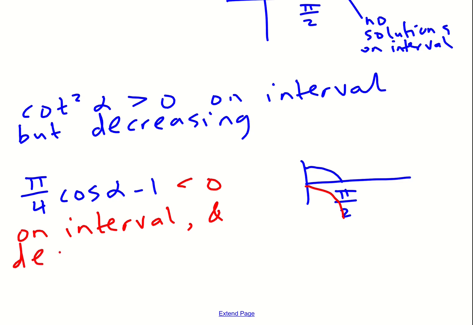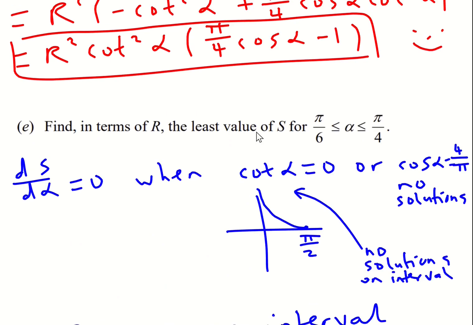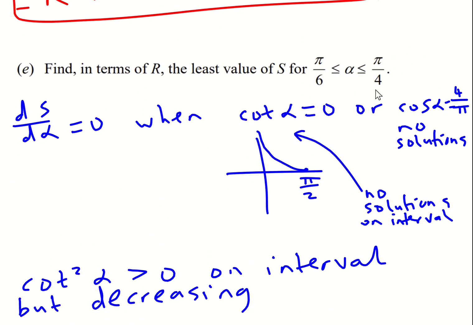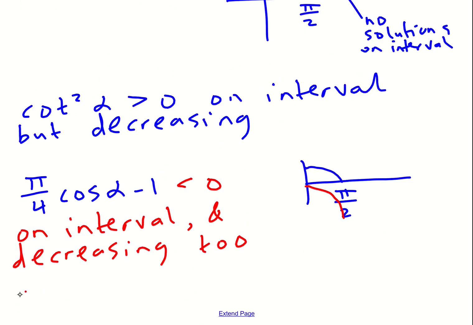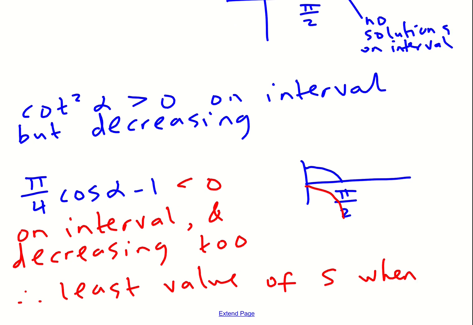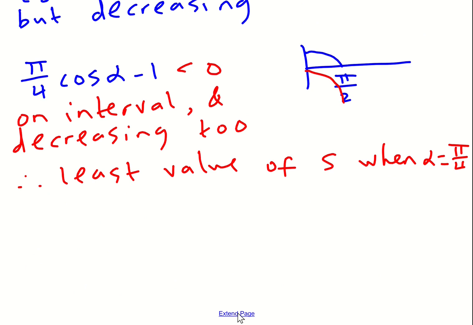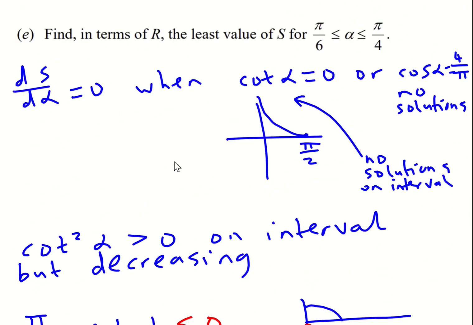And it's going to be decreasing too. The conclusion is that the least value will be when alpha is pi over 4. And we can now substitute in and find out what S is.